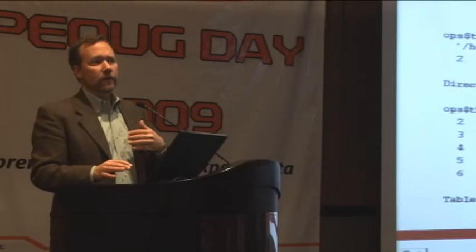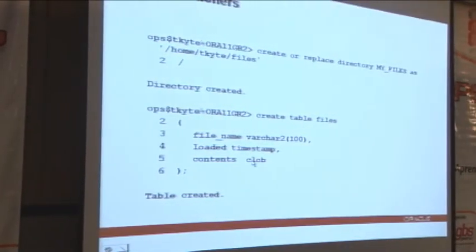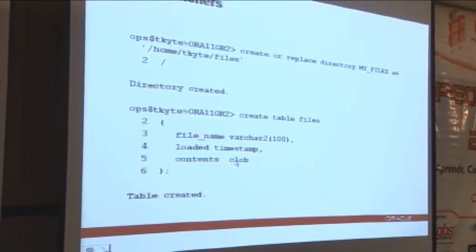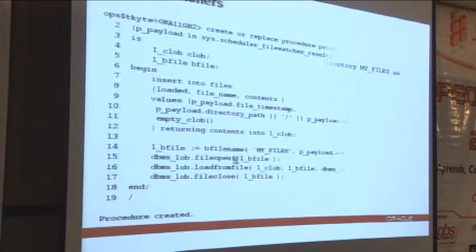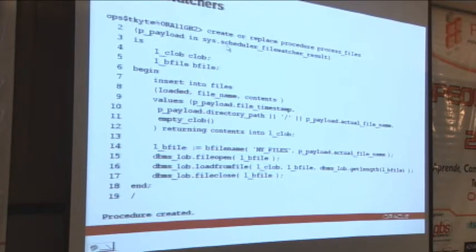And what I want to do is, as files arrive, I want them to automatically be loaded into this table. So I don't want to have to go and run a program to load them. It should just happen. And in order to do that, I needed to write a little bit of code, a stored procedure. And this stored procedure takes one input, and this is a new data type, a file watcher result.